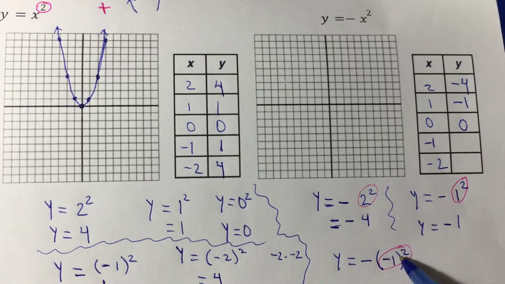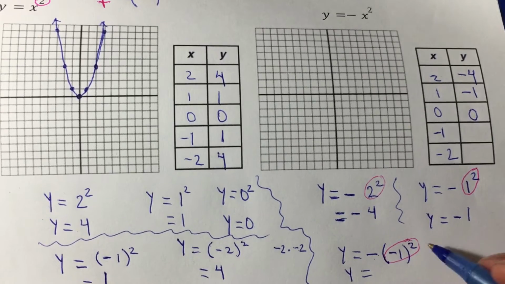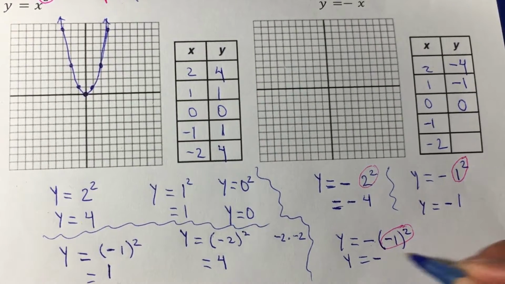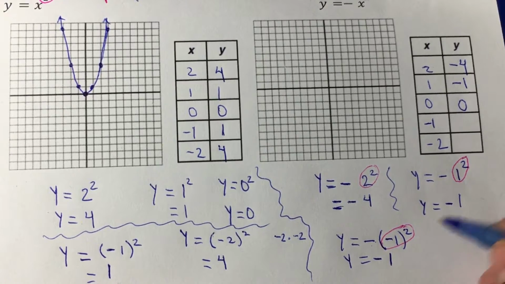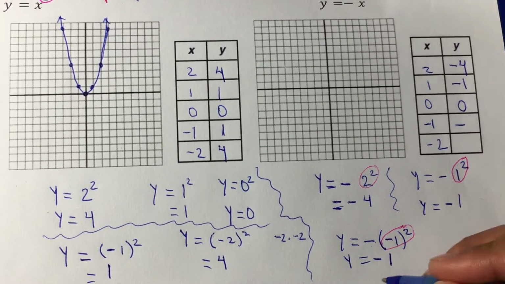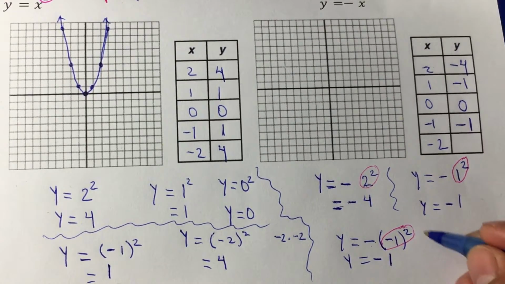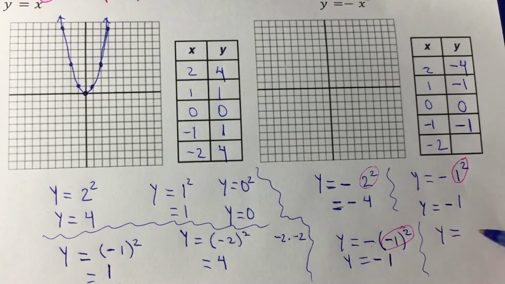No. Remember, multiplication comes after exponents in PEMDAS. So y is equal to, bring down the negative. Negative 1 times negative 1 is positive 1. So negative 1.